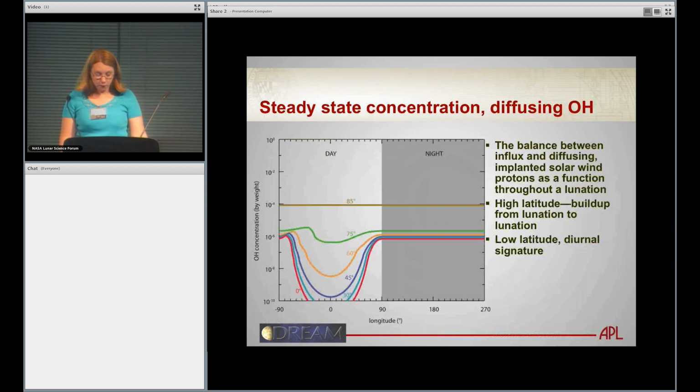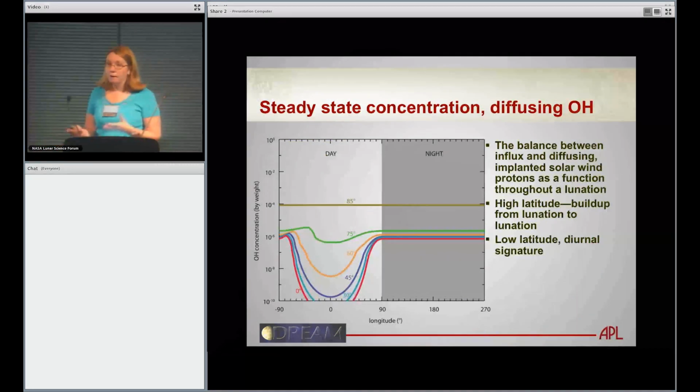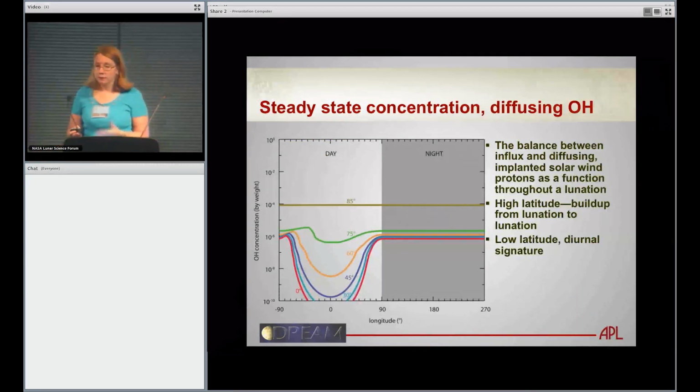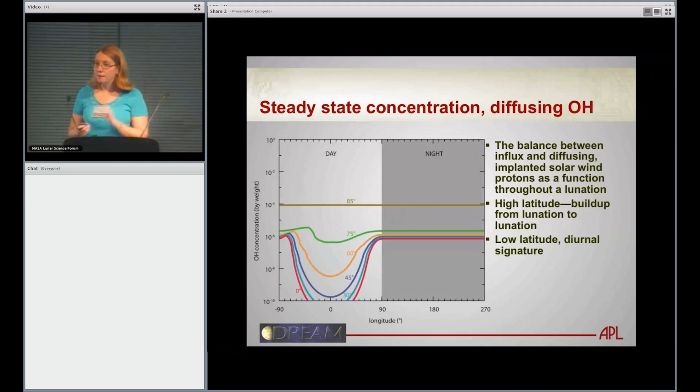So this is our model result of the OH concentration that's diffusing out of a grain of regolith on the moon. This is the day side. This 0 here is the noon, and that's midnight. It's a function of latitude. And what you get is at high enough latitude, the diffusion time is longer than illumination.